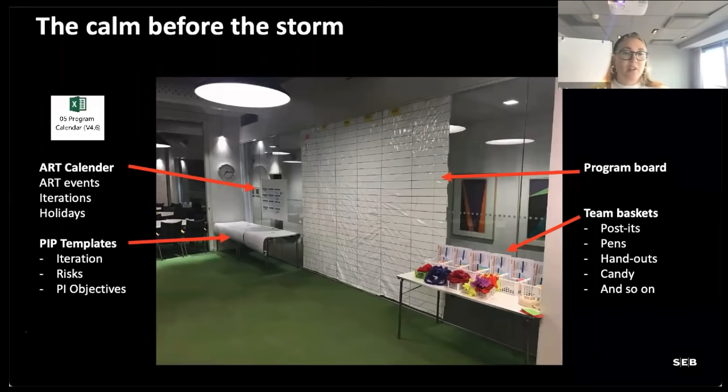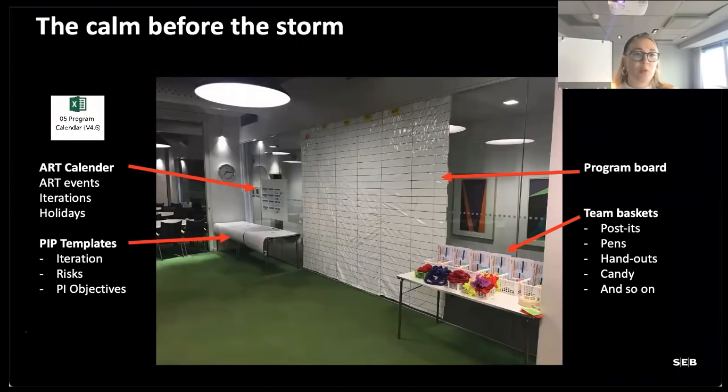Maybe you have done a run through with your Scrum Masters around the whole process, around what's going to happen at the PI planning event, because these people are a part of the whole facilitation team. Doing this run through, or a dry run, and having checklists and all these little artifacts in the preparation is really going to help you have a smooth PI planning process.